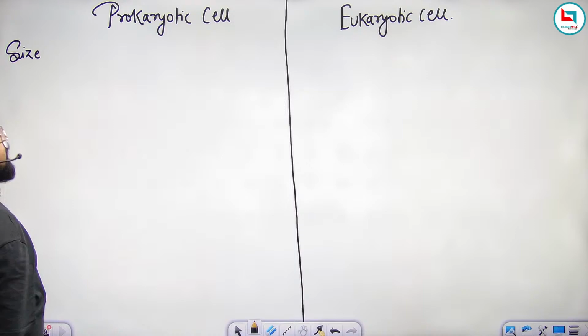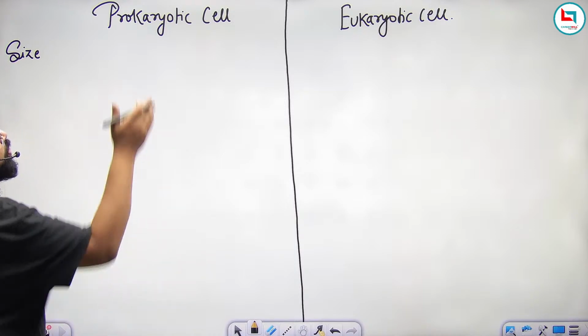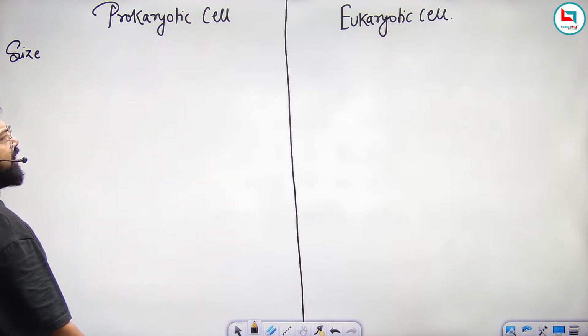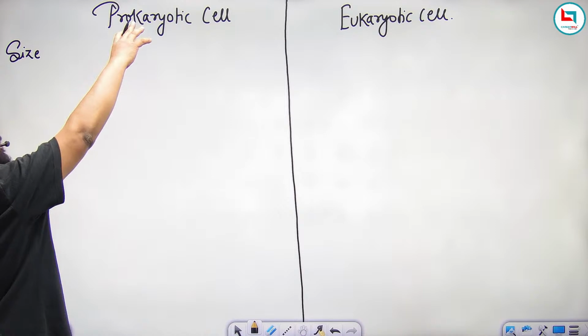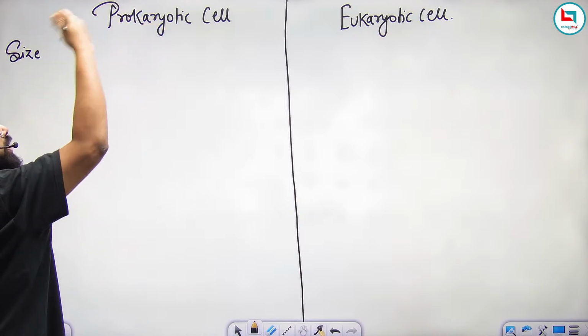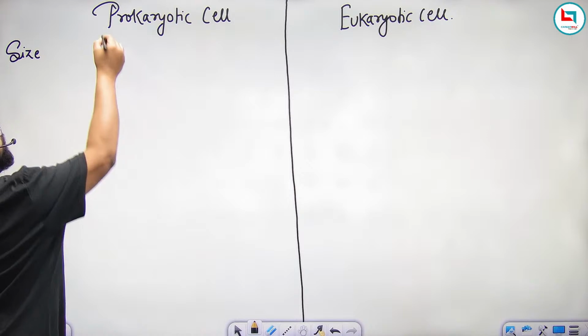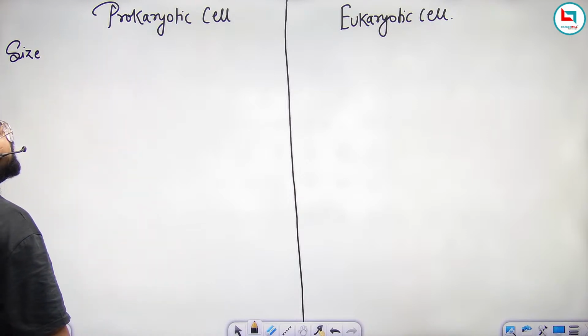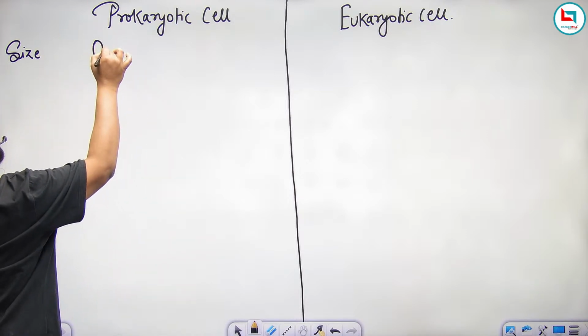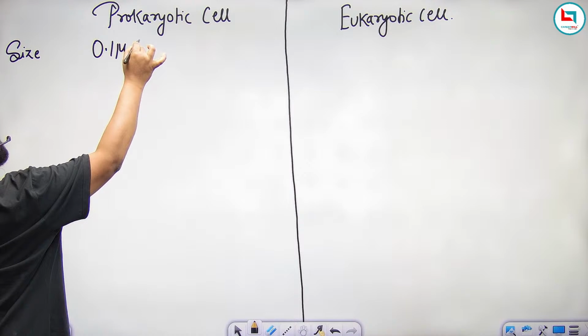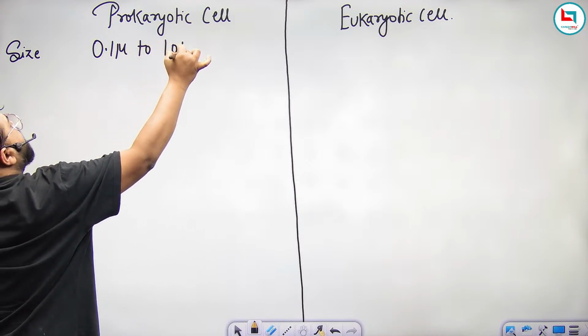First point is size. Prokaryotes are the primitive types of cells, those which came first during the evolution or origin of life. So the size was very small. It ranges from 0.1 micron to 10 micron.